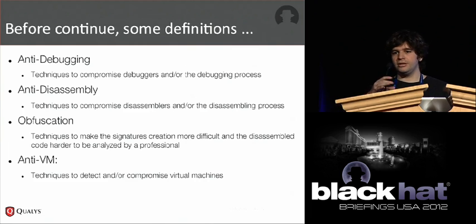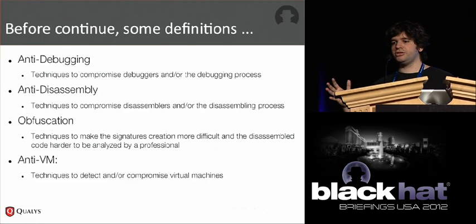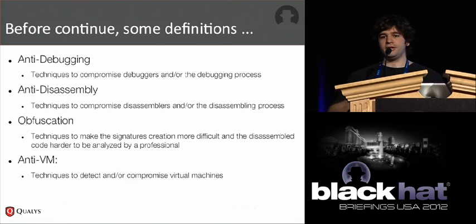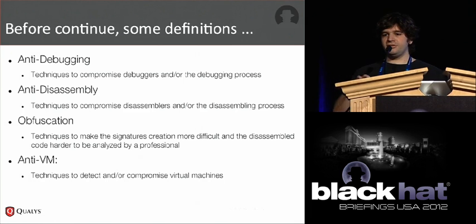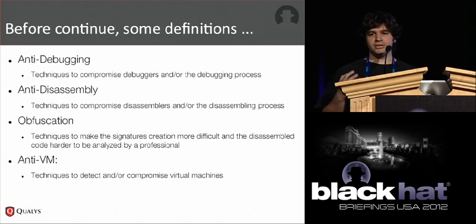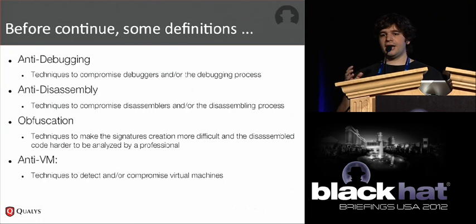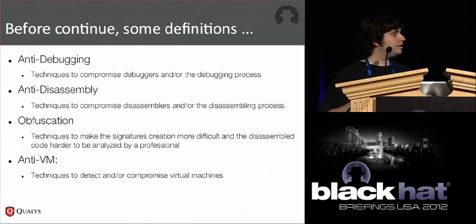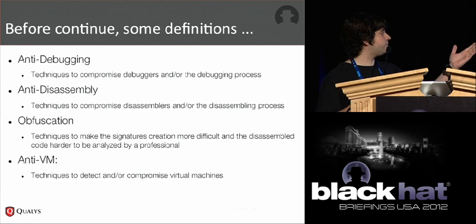Good morning. As this is a scientific presentation, it's important to make some definitions so that everybody has the same understanding of the topics covered here. We based the work on four techniques. Anti-debugging techniques are used to compromise debuggers or the debugging process itself. Analogously, anti-disassembly techniques compromise disassemblers and the disassembly process itself.